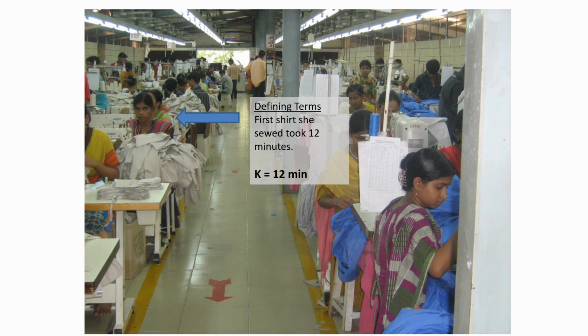So the first time you sewed a pair of pants, or the first time she sewed her shirt, then you assume that's the worst case scenario, because the next time you're going to have a little bit more experience and you will have become more confident at what you're doing, more fluid in the movements and so on. So K is the value that we use to assign the first time a task was done. And what we say is that they get progressively better from there, that subsequent tasks are completed at less than K.